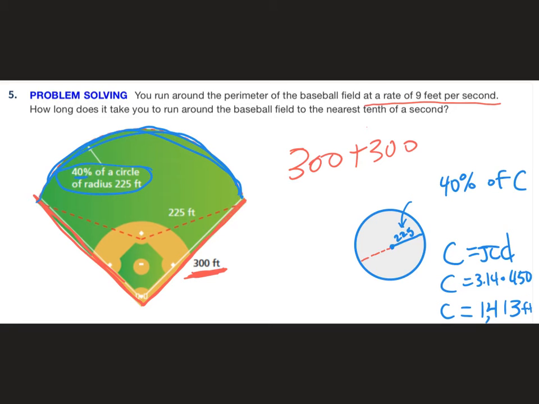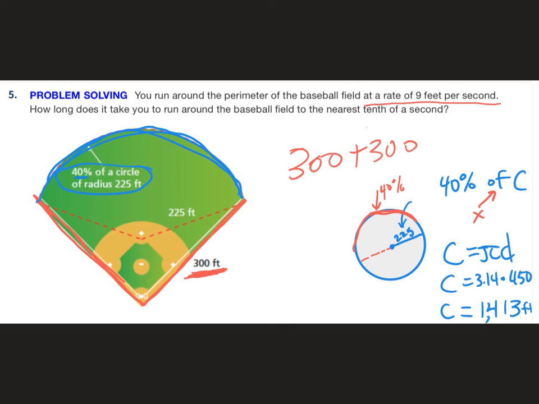Okay, so the whole circle, all the way around this whole circle, is 1,413, right? But we just want to know this part of the arc, which would be about 40%, right? All the way to the radius would be 50%, so a little less than that would be the 40%. So we're just talking about this right here, this red is 40%. So how do I find 40% of 1,413? Well, of means multiply, so I take 40% times 1,413.